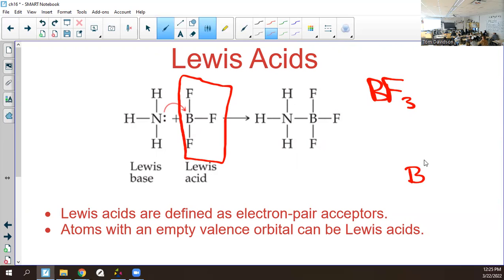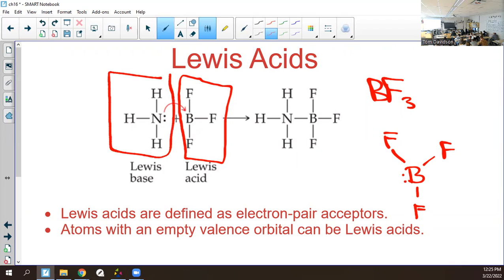Boron had the fluorines, but it needed 2 more electrons, right? So if it can find something like ammonia that has a lone pair and they can combine, life's a whole lot better. Atoms with an empty valence orbital can be Lewis acids.